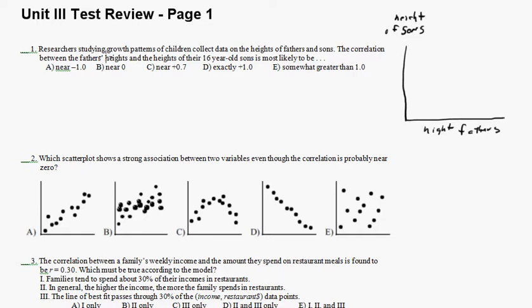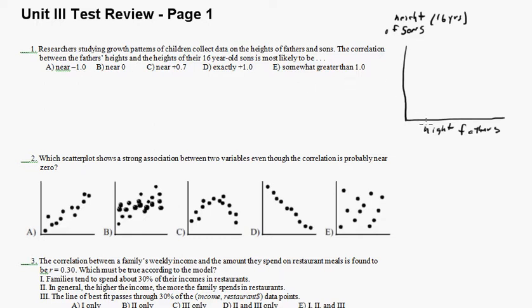The correlation between the father's height and the height of their 16-year-old sons is most likely to be... So what would the correlation most likely be?